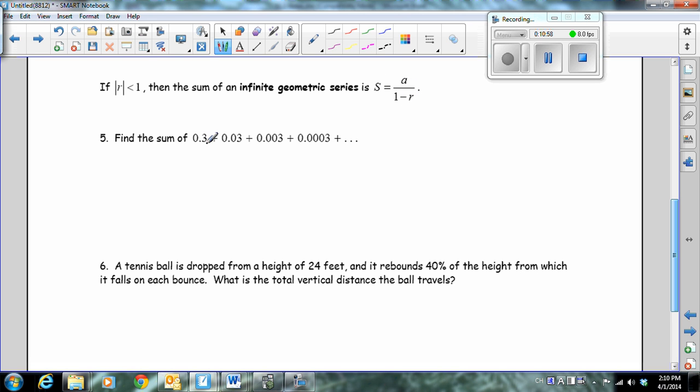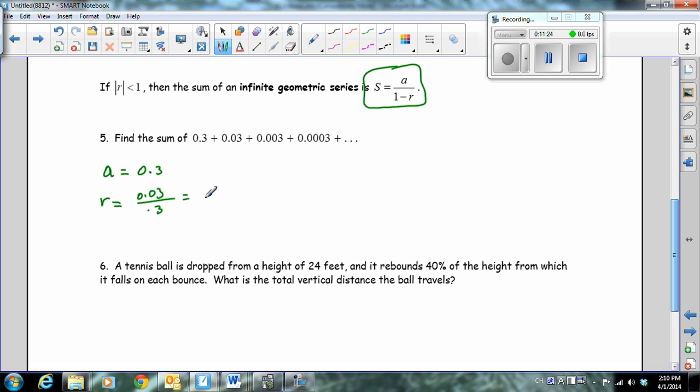Now let's find the sum of 0.3, 0.03. Now, first thing I need to do is locate my a. By the way, this is very important, so know this. Let's find this sum. a here is the first one, which is 0.3. The ratio r here will be equal to 0.03 over 0.3.